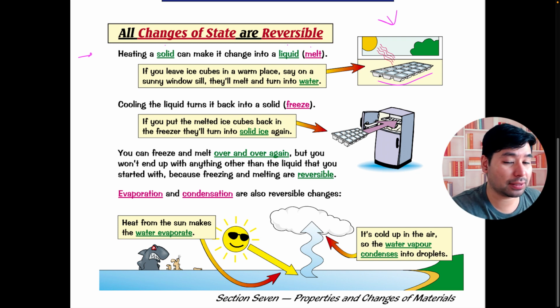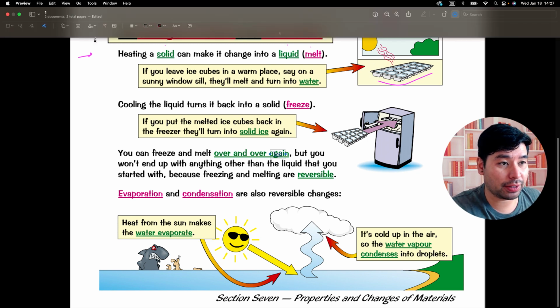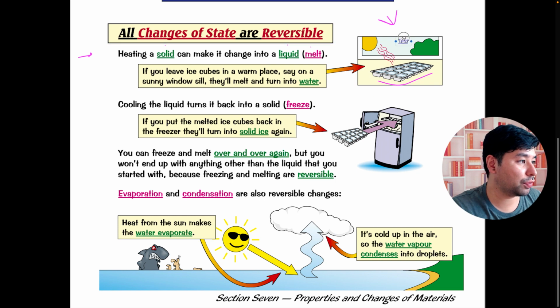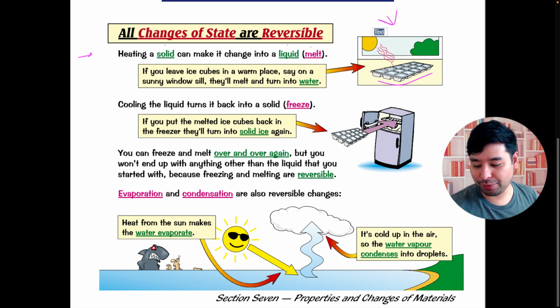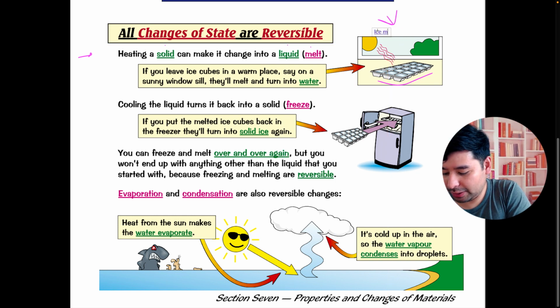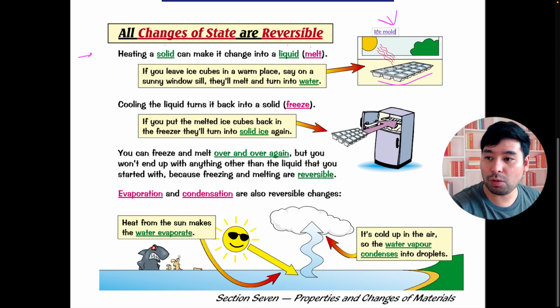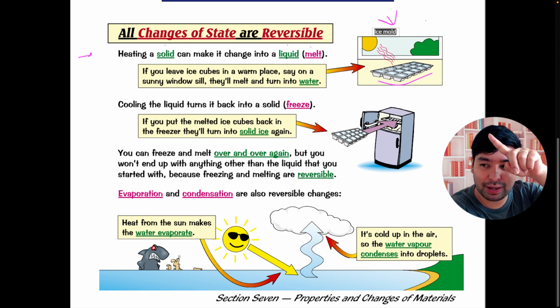Ice mold. I'm gonna write it here for you, just for a matter of curiosity. All right, so let's go on. As you can see here over my head, ice mold.